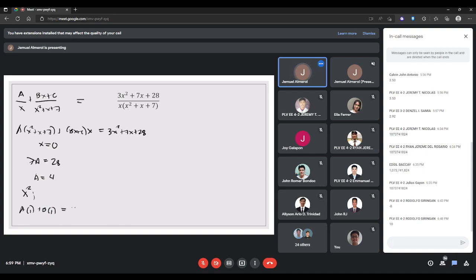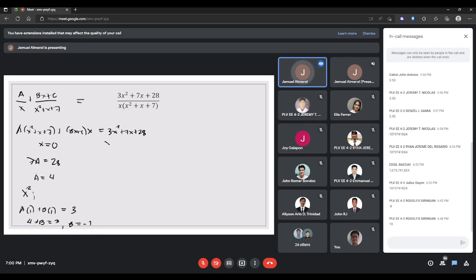Equal to 3. Okay, kasi constant ng X squared. So, since this is already 4, so we have 4 plus B is equal to 3. Therefore, your B is equal to negative 1. Right? 3 minus 4. Okay? So, we have already A, B, C na lang.